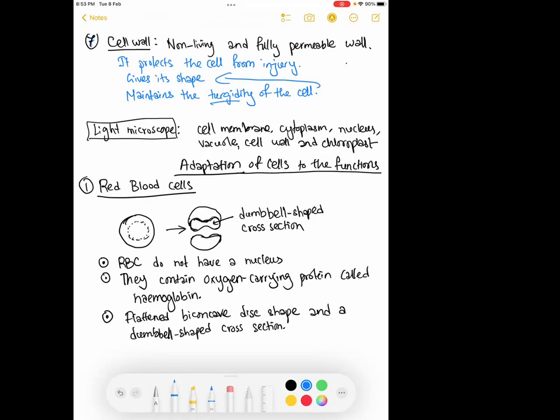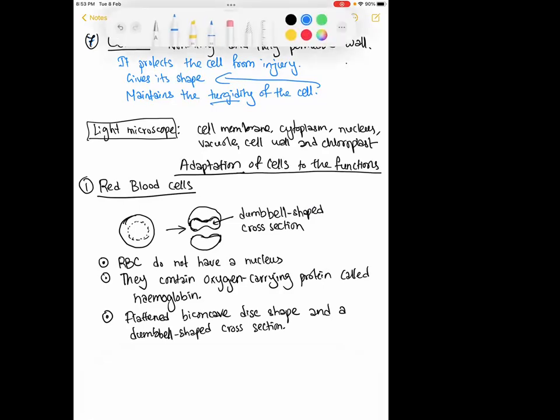Here's the question. Why is our red blood cell a flattened biconcave shape? Because this shape is the best for their function.